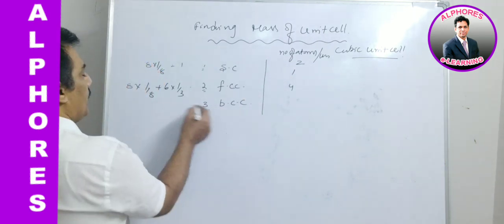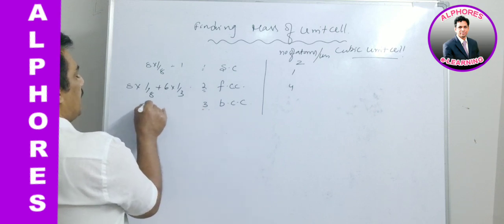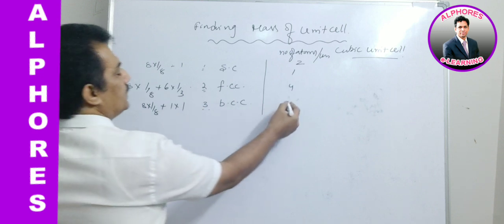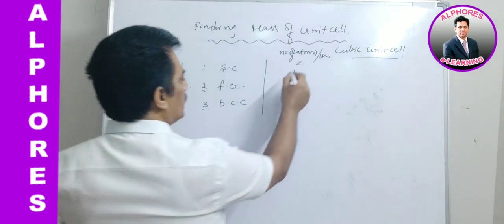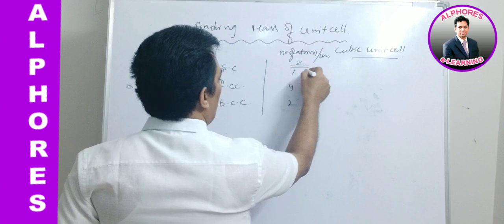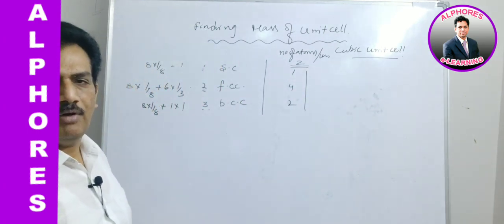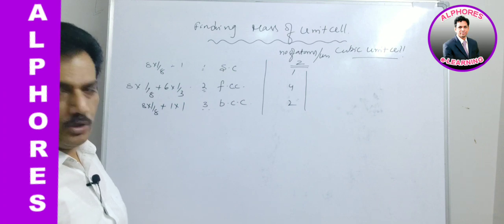Clear? Now in case of body centered, it is 8 into 1 by 8 plus 1 into 1, that is 2. This is the Z value for different cubic unit cells.